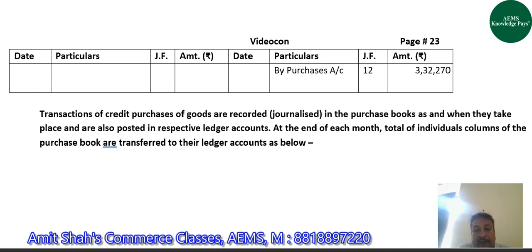So what the accountant keeps doing is that whenever credit purchase of goods takes place in the business, he records that in the purchase book and then posts them in the respective ledger of the supplier's account. At the end of each month, he also transfers the totals of different columns of the purchase book in their individual ledger accounts.